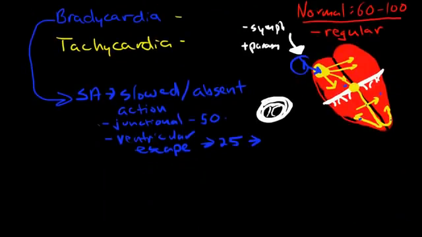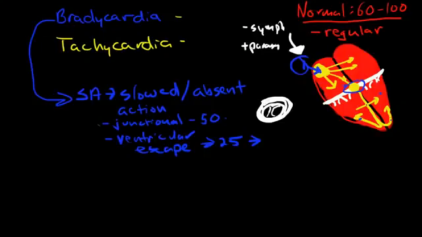Another cause of bradycardia is blockage of conduction from the SA node. The most common place of blockage is dysfunction of the AV node. Now, this may be caused by ischemia or fibrosis from a prior MI, or from myocarditis, from viral infection, or anything that can damage the myocardium can damage the AV node.